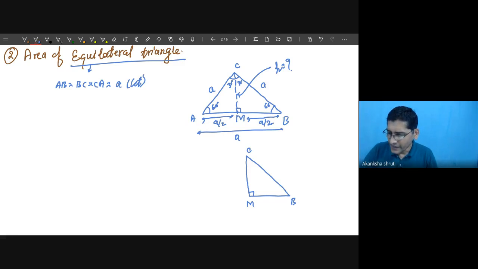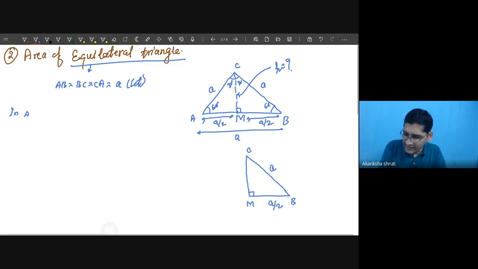This is 90 degrees. Now this BC, this side length is A. This MB, this side length is A by 2 because M is the middle of AB. So what will be this CM? What will the CM length be? Students, in triangle CMB we have CB as hypotenuse and MB and MC as the two sides of a right angle triangle.